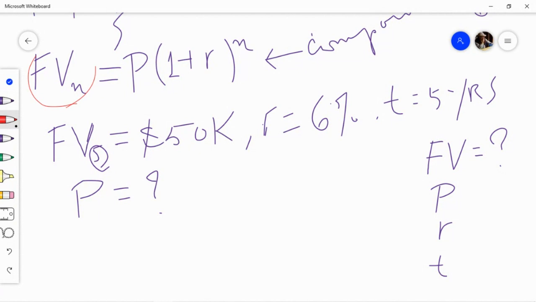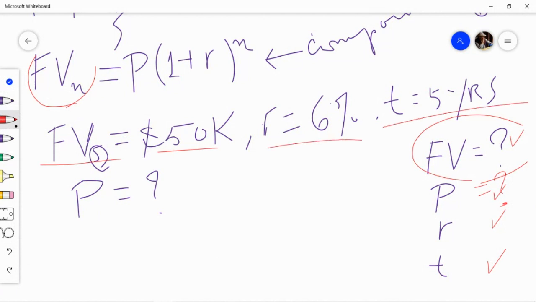Then everything else is known: you need to have the principal, the rate, and time t. But what if we flip it around, and there can be a situation where principal is the unknown? Then everything else must be known. Future value is known, you know your target future value, and then R is known, rate is known, time is known, right?